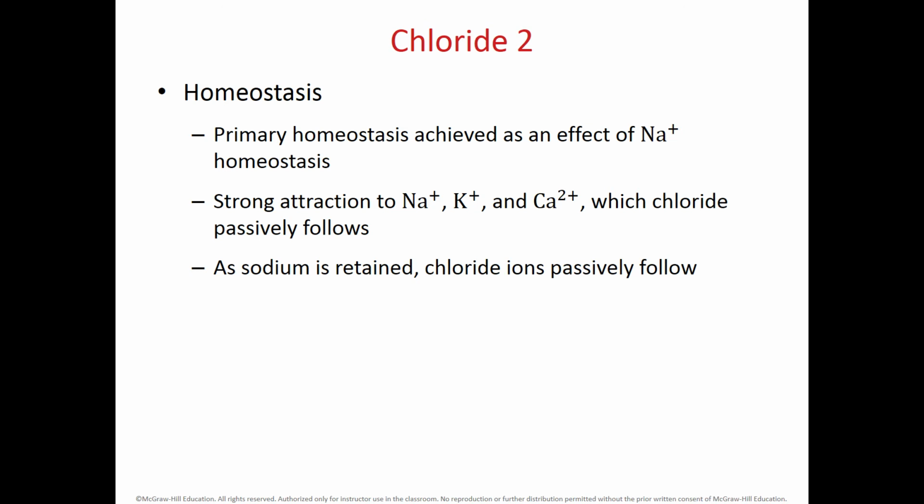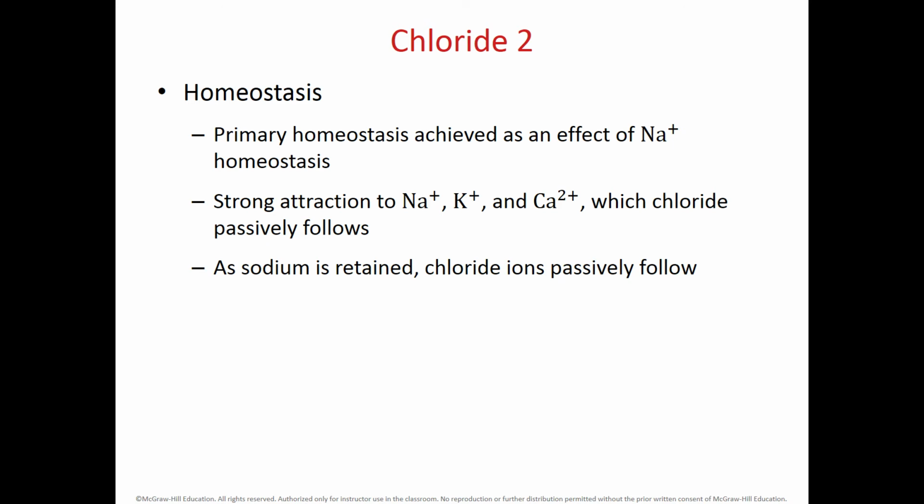Now, homeostasis of chloride is achieved together with the homeostasis of sodium. And this is because chloride, since it's an anion, attracts positively charged ions like sodium, and it can also attract other positively charged ions like potassium and calcium.